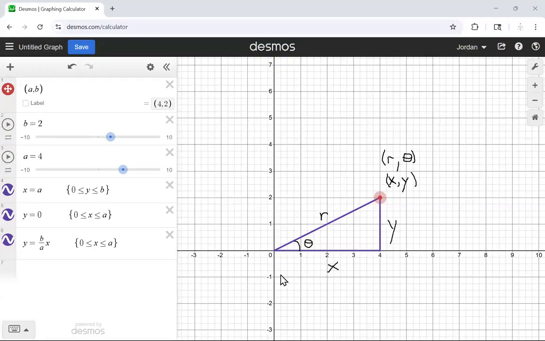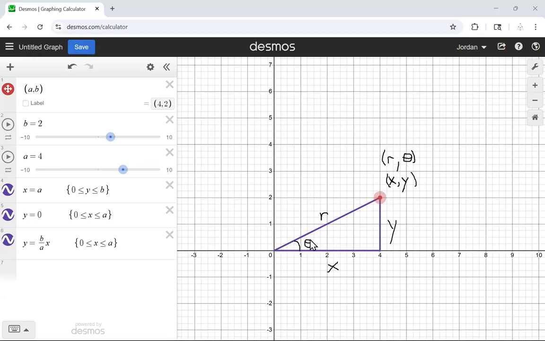So I get this triangle, or any triangle, but in particular this one, where x and y give us this, r and theta give us this. If I want to give this point in rectangular coordinates, I'd give you the x and the y. If I wanted to give you this point in polar coordinates, I'd give you the r and the theta.